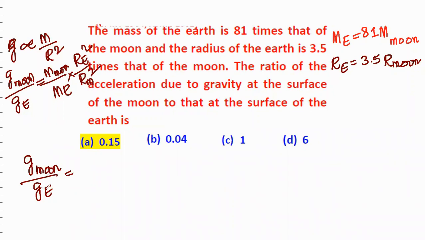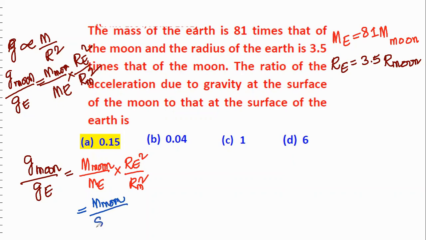So g moon by g earth is equal to mass of the Moon divided by mass of the Earth into R earth square divided by R moon square. Then we have to calculate this ratio.